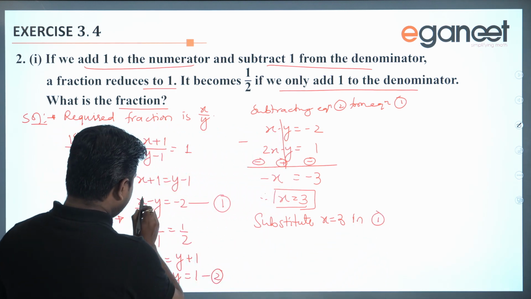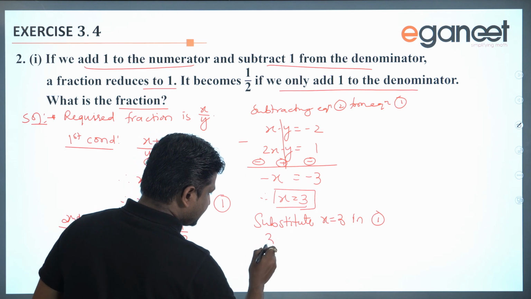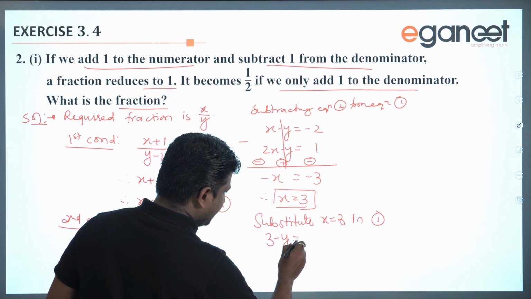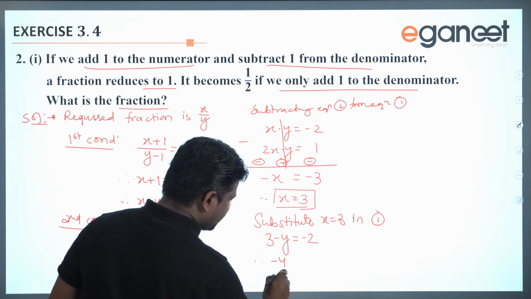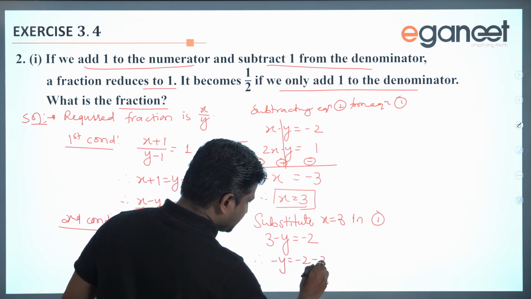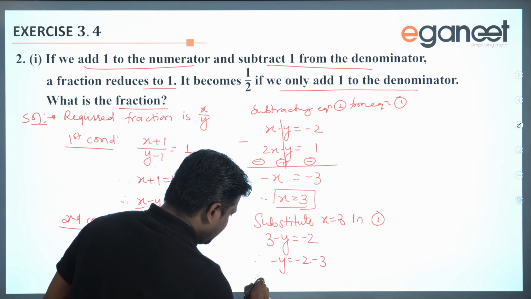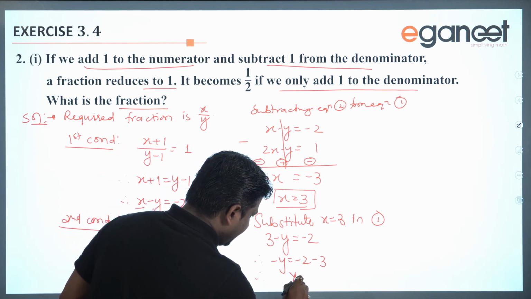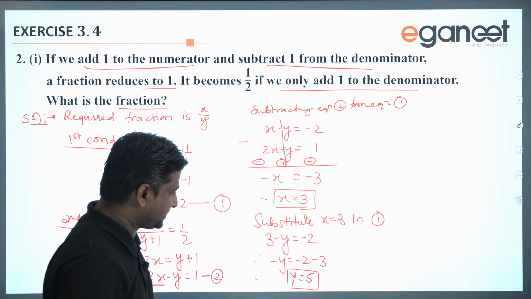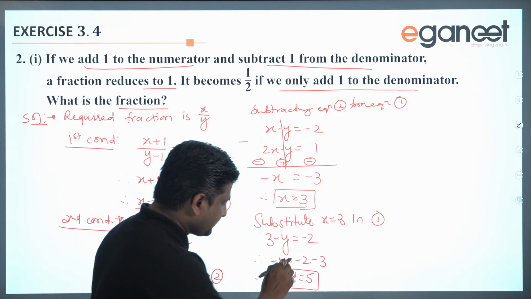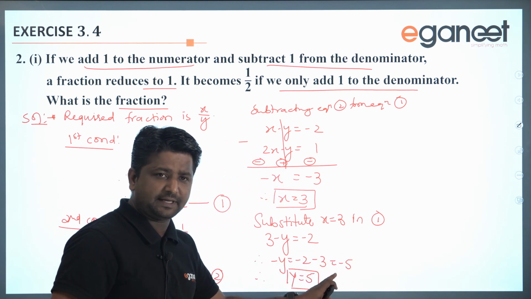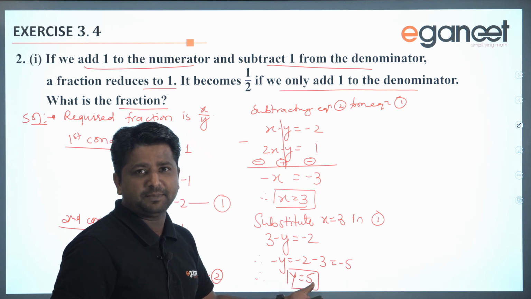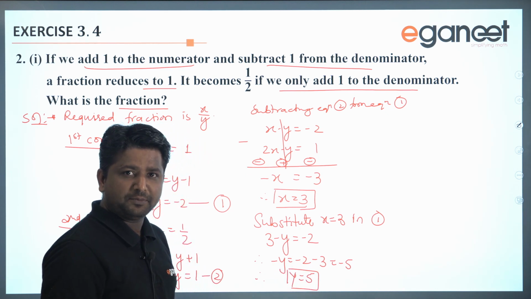So we have x minus y, but x is 3, that is 3 minus y equals minus 2. That is minus y equals minus 2 minus 3, and therefore we will have the value of y as 5. Why will it be 5? Because minus y equals minus 2 minus 3, which is minus 5. So minus y is minus 5. Obviously the value of y will be 5 if you multiply both sides by minus 1, right?